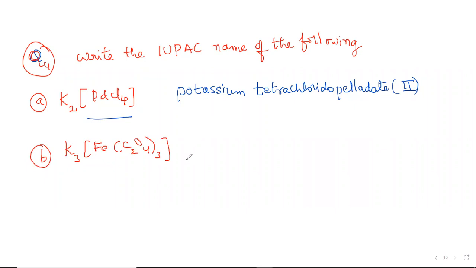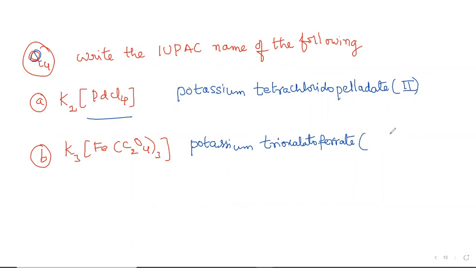It is very clear that it also starts with the potassium cation, so we'll write potassium. Then we will write the name continuously for the coordination entity. As 3 oxalates are there, you can write trioxalato. As it is a negatively charged anionic complex, the iron name will be ferrate.